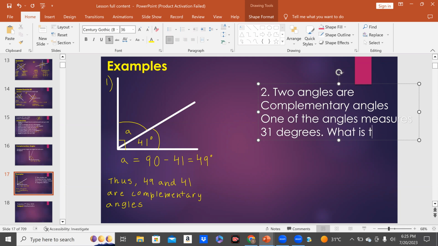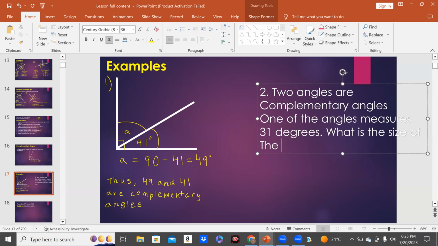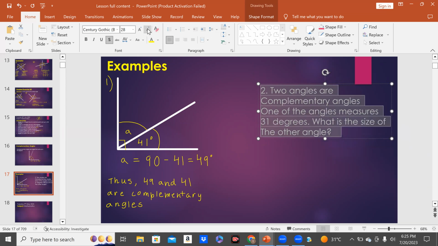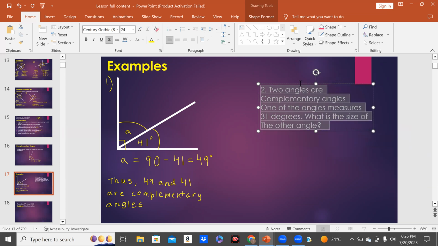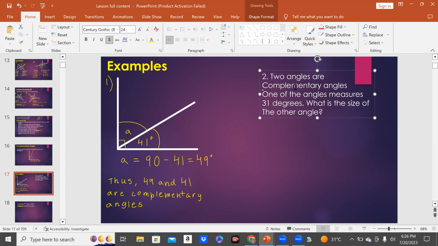What is the measure, or what is the size of the other angle? So we have two angles, complementary angles. One of the angles measures 31 degrees. What is the size of the other angle?